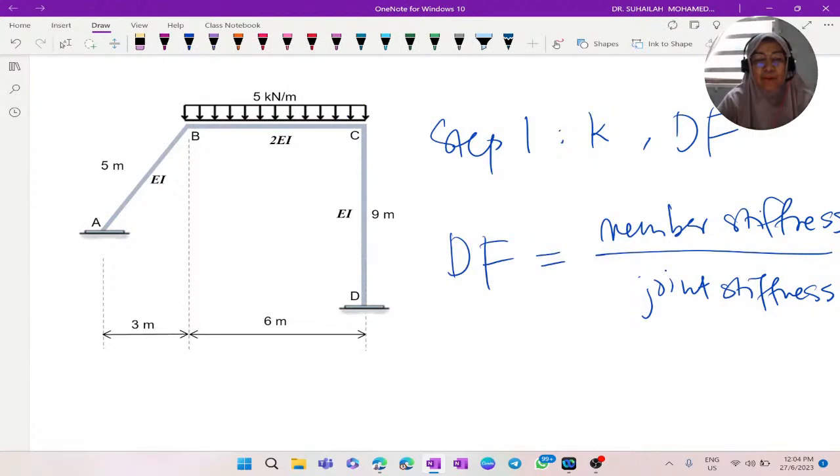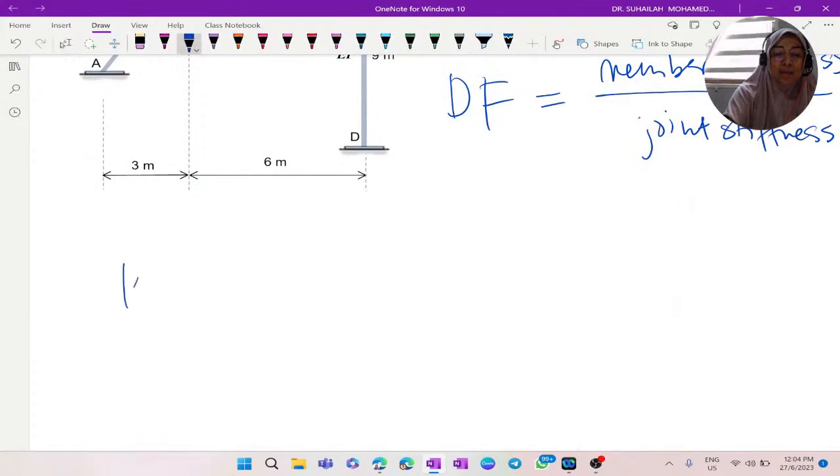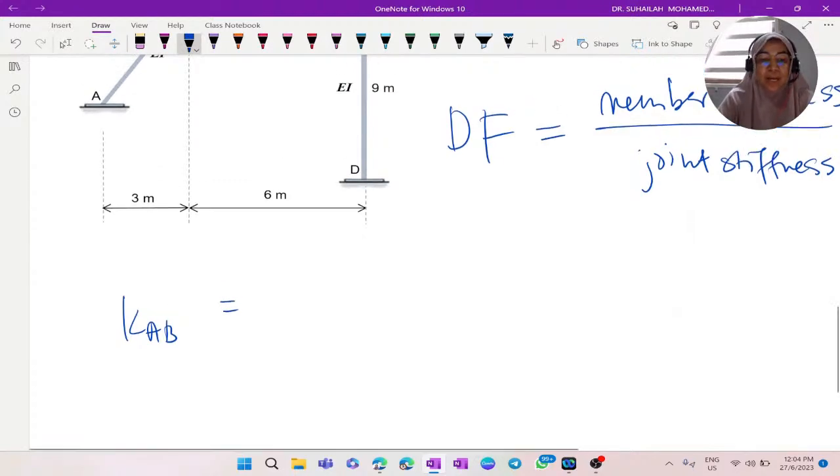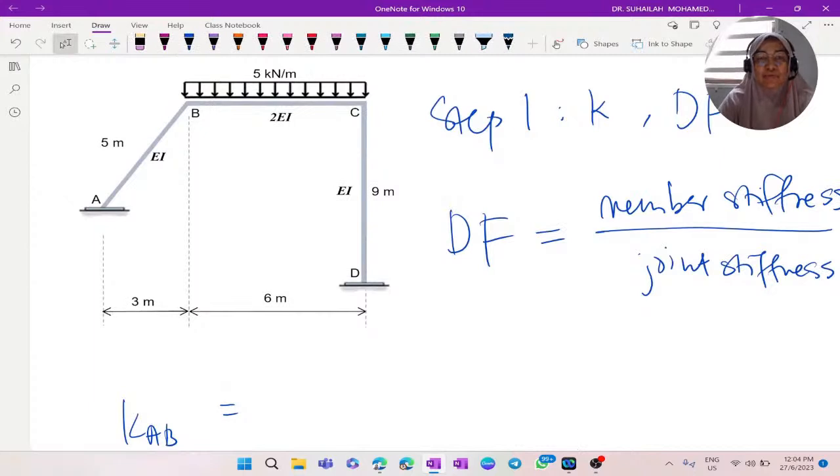So by looking at this frame, there are 3 members. We have member AB, KAB. KAB is the member stiffness. To calculate KAB, the formula of K comes from the modulus of elasticity, Young's modulus E, which I discussed in my video yesterday.